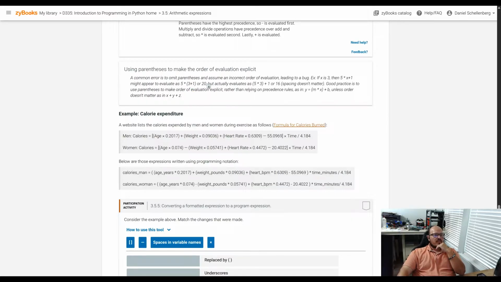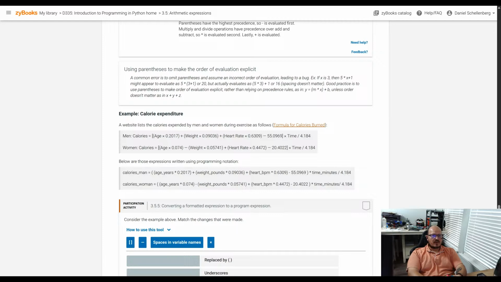Using parentheses to make the order of evaluation explicit. A common error is to omit parentheses and assume an incorrect order of evaluation, leading to a bug. Example, if x is 3, then 5 times x plus 1 might appear to evaluate as 5 times 3 plus 1, or 20, but actually evaluates 5 times 3 and then plus 1, or 16.